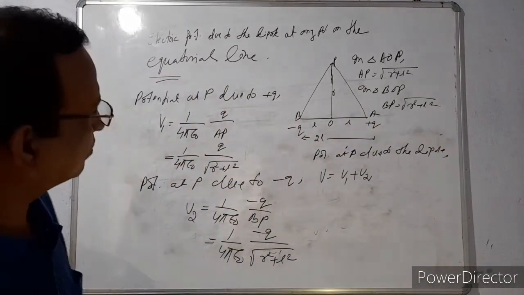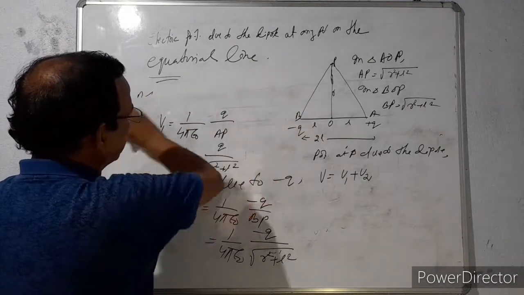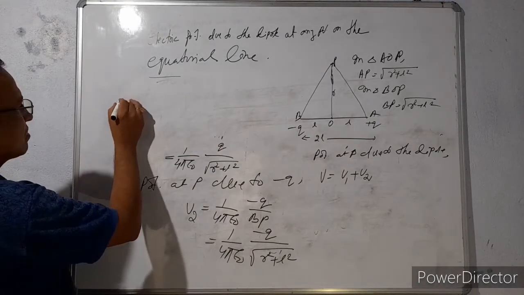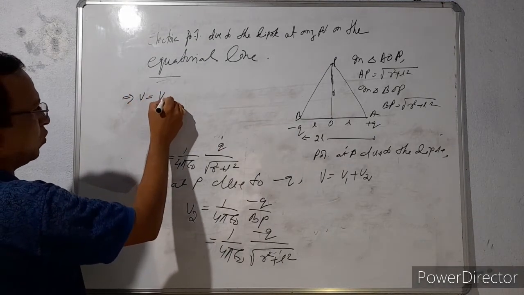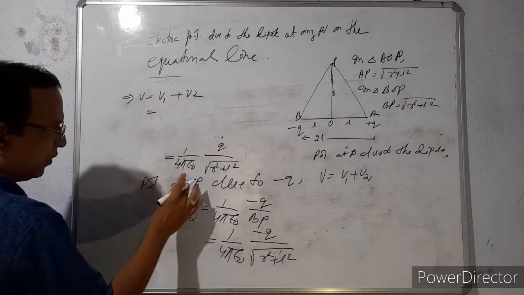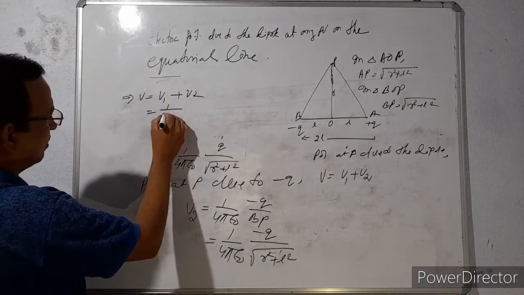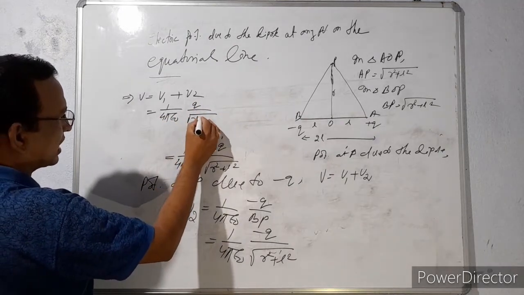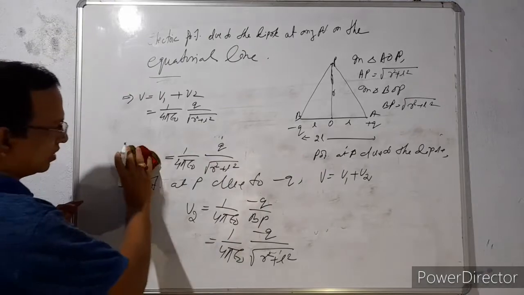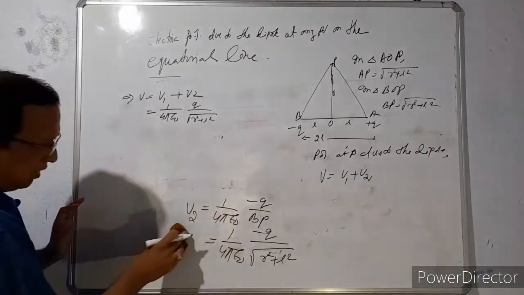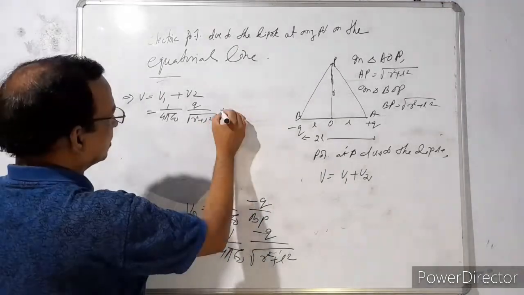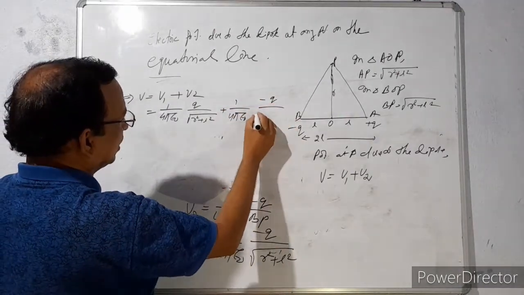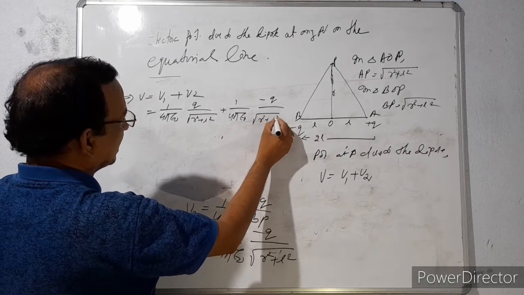You can find this out. So V is equal to V1 plus V2. What is V1? This is V1, 1 by 4 pi epsilon naught Q by root over of R square plus L square. What is V2? V2 is 1 by 4 pi epsilon naught minus Q by root over of R square plus L square.